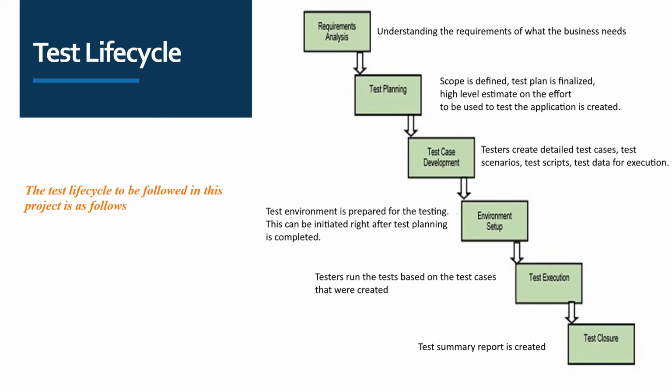For the test environment setup, it will be prepared for the testing and will be created right after the test planning is completed. For the test execution, the tester will run the tests based on the test cases created before, and the status report will be sent out on the basis of the results of testing performed. Issues found will be tracked and reported accordingly.